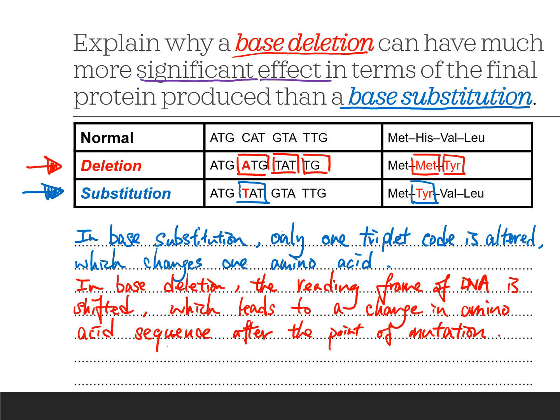If you have a different amino acid sequence, a different polypeptide, this is going to affect the folding to form a protein with three-dimensional structure.